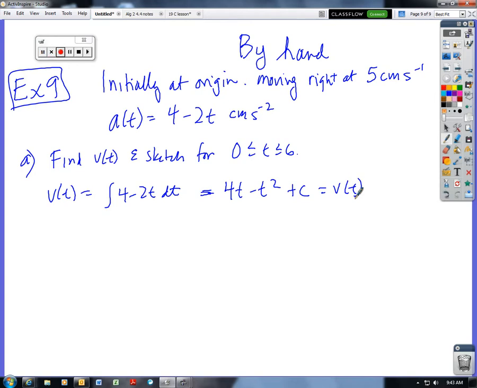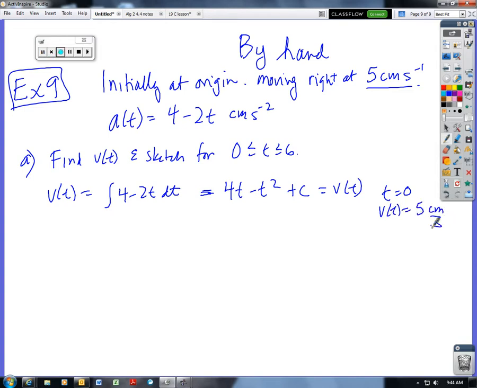So it does say it's initially at the origin and it's moving right 5 centimeters per second. So that's the initial velocity, 5 centimeters per second. So at t equals 0, the velocity is 5 centimeters per second.